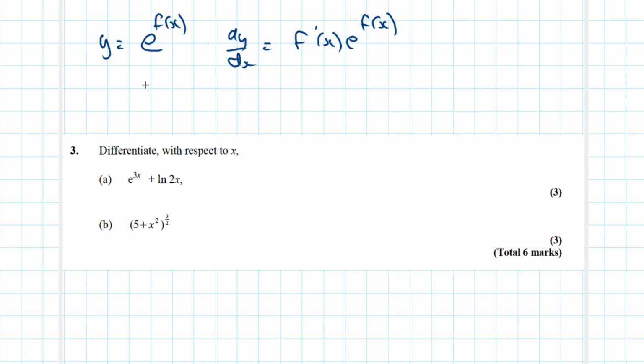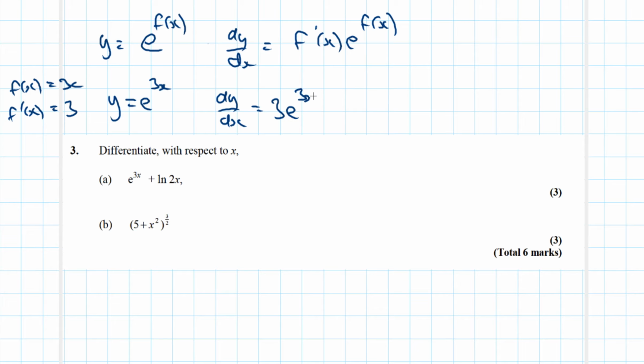So here, if we just treat y equals e to the 3x, then f of x is equal to 3x, so f prime x is equal to 3. So it's just equal to 3e to the 3x.